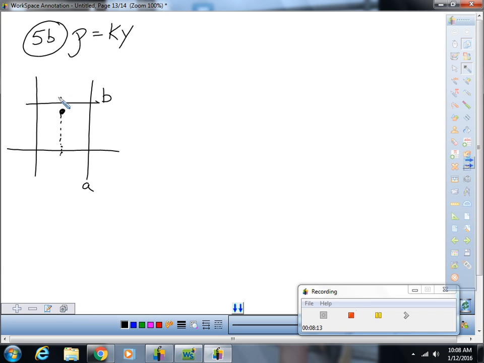All right, so let's see what we get. Now we've got to recalculate the mass. X goes from 0 to A. Y goes from 0 to B. Ky dy dx. Solve this integral and we find mass. That's ky squared over 2 as y goes from 0 to b.